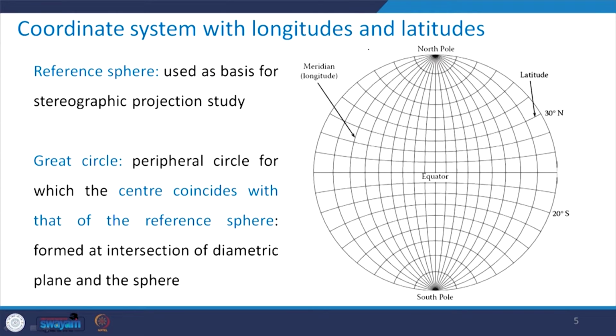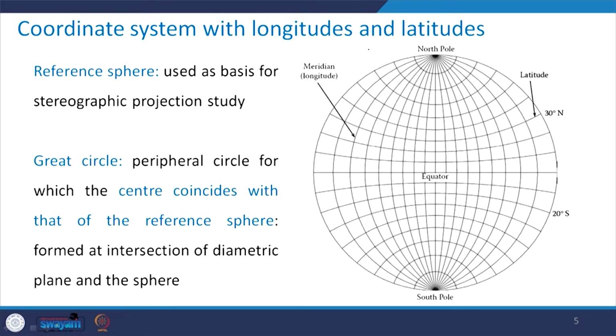First, we talk about the reference sphere, which is used as a basis for any stereographic projection study. The next one is the great circle. Please understand it very carefully.